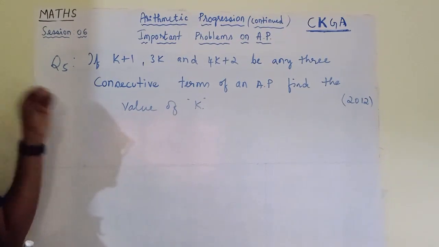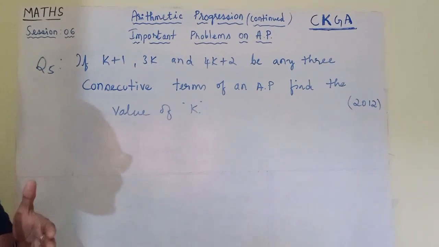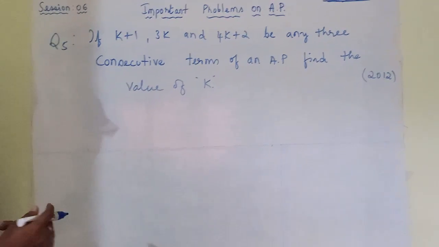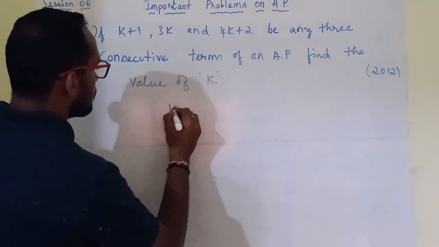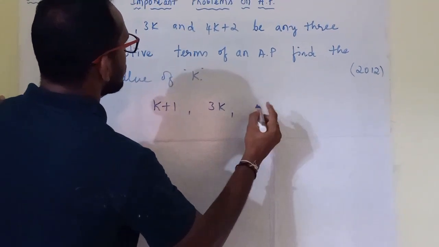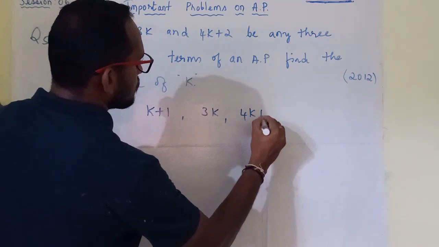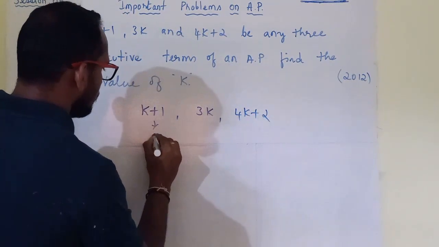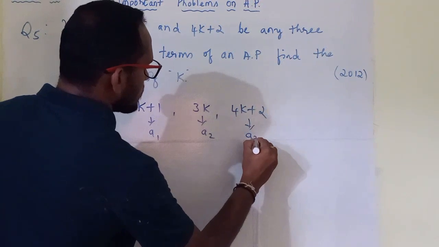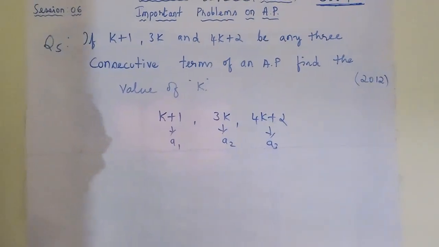This problem can be tackled using the concept of common difference. So pay attention to how I perform it. Let the terms be k plus 1, 3k and 4k plus 2. I'll call these A1, A2, A3, since they mention consecutive terms.